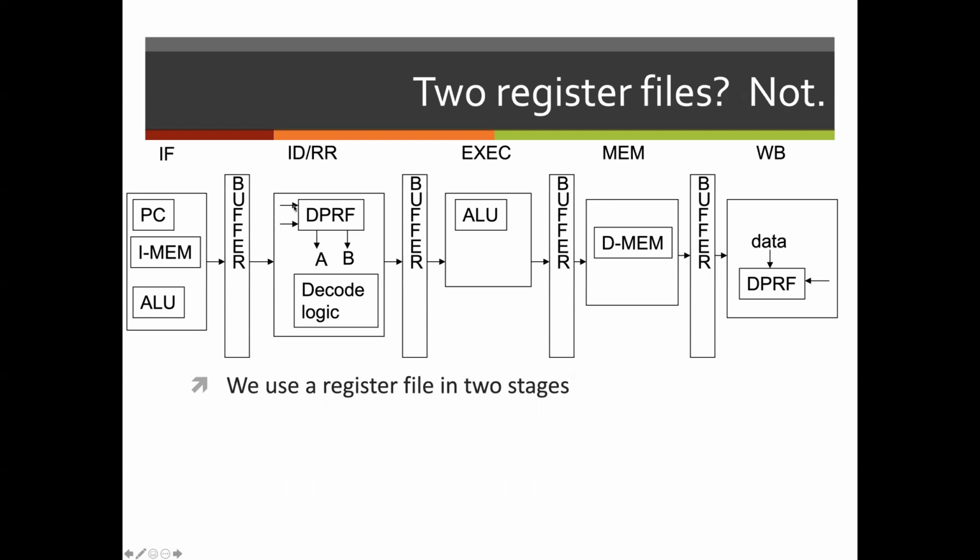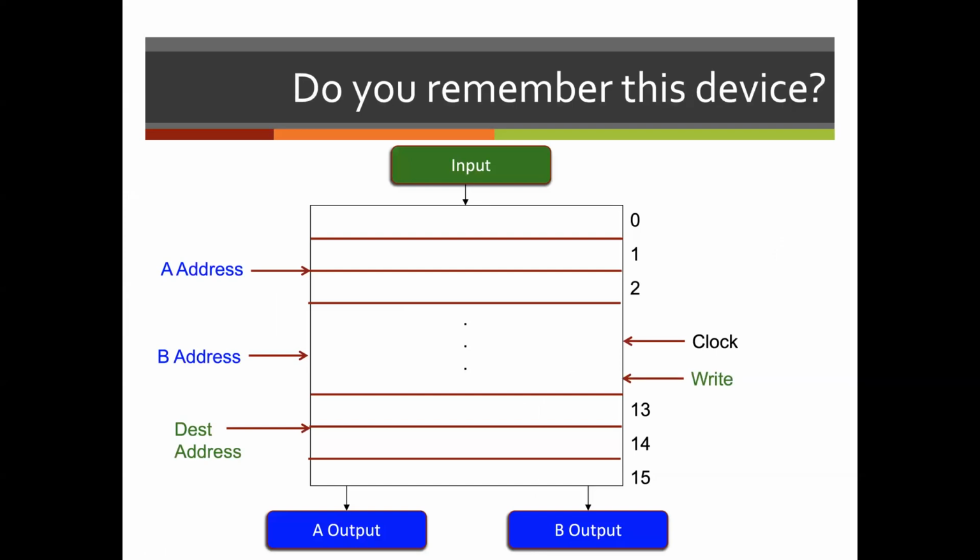Because we're having one that needs to be used in our IDRR stage, and then we have another one that is going to be used in the write back. And so in order to make use of this, we can simply utilize our dual ported register file with appropriate addresses to accommodate both reading and writing at the same time.